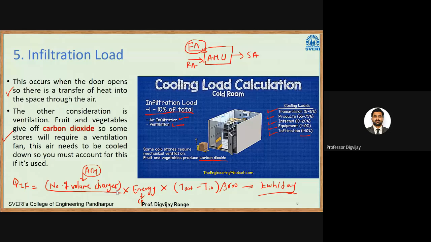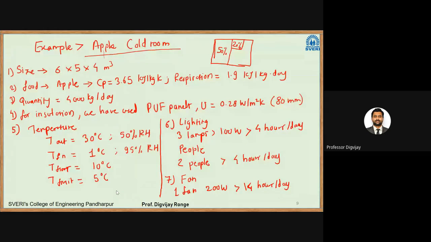So this is a problem we were considering yesterday. I have an example of a cold room, which I'm using for storing apples. The size I have given you here is 6 by 5 into 4.